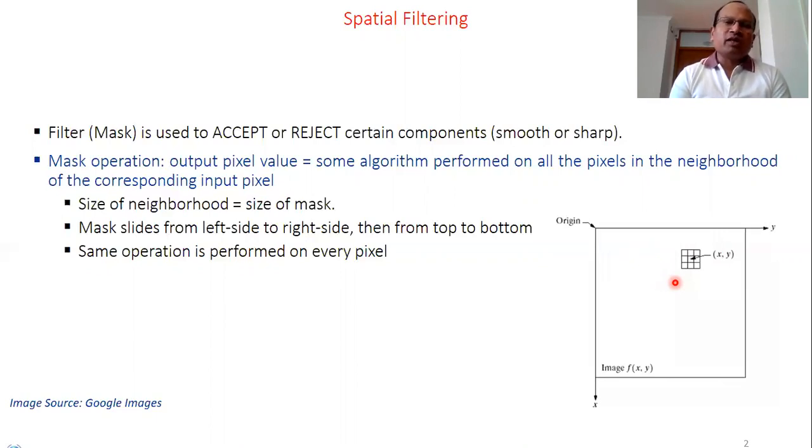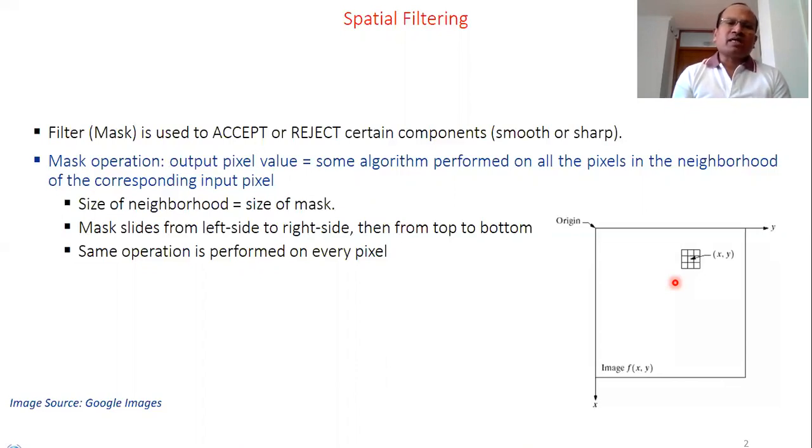That is what we do in spatial filtering. We use some masks or filters to select or to reject certain components, and based on that we call it smoothing and sharpening of images.